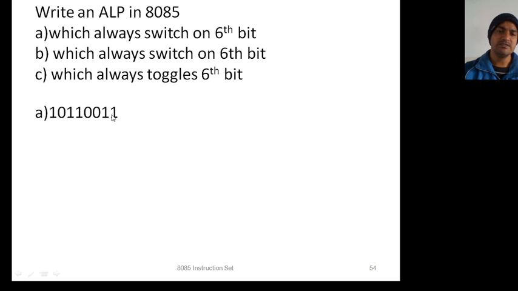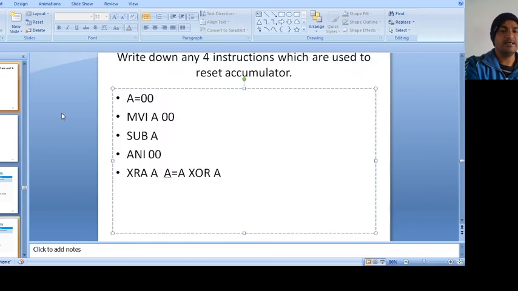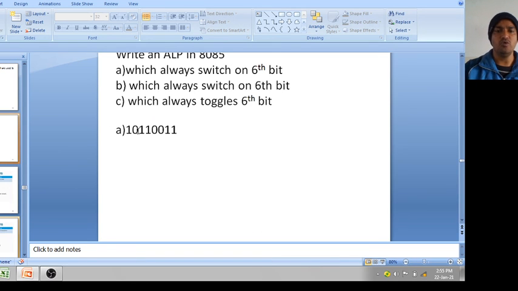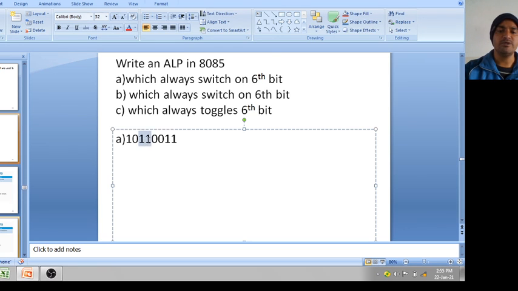The 6th bit means this is 0th, this is first, second, third, fourth, fifth, this is the 6th bit, without changing the rest of the bits. You always have to switch it on. Switch on means it must be 1 always. If there is 0, it must be 1. If there is 1, it must be 1. Without changing the rest of the bits.